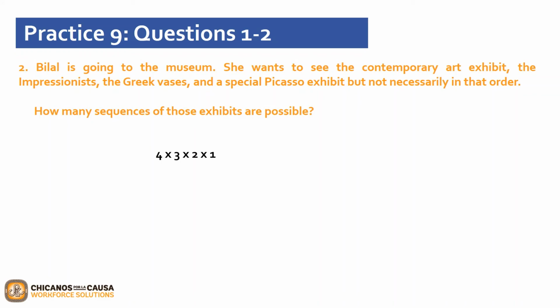Once those are done, it then only leaves 2 to go third, and so on. So we're going to multiply across the board. So we have 4 times 3 times 2 times 1. This gives us a total of 24 different sequences of exhibits that she can take at the art museum.